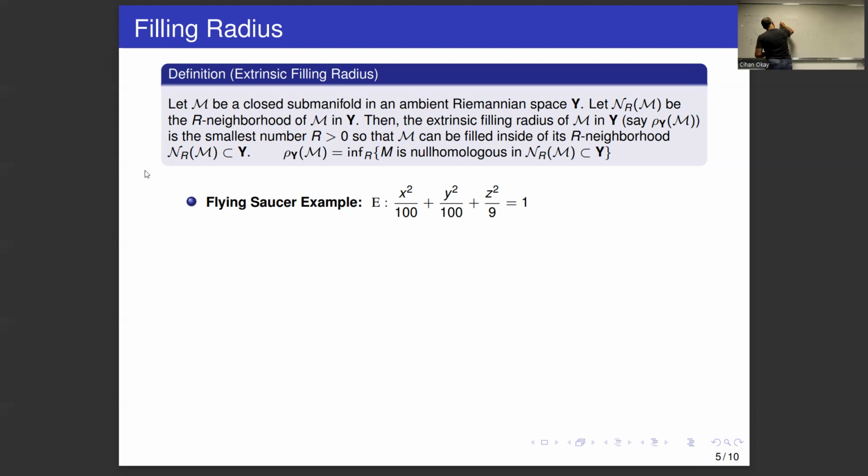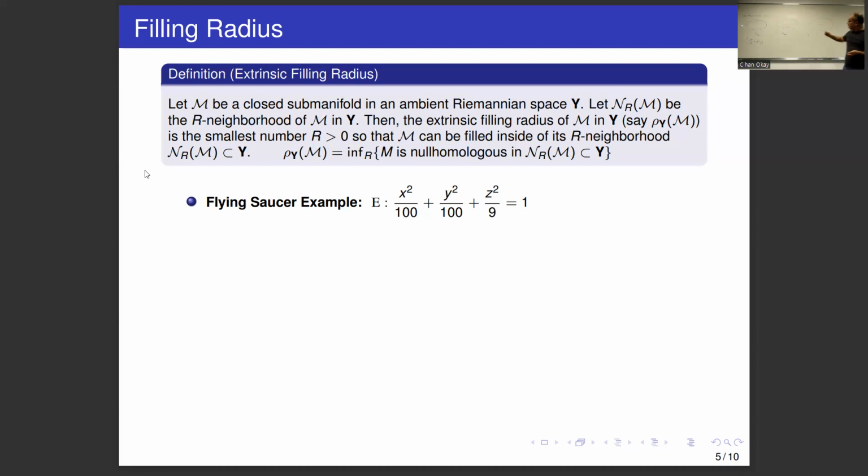You see here, it is still non-trivial. And you go further. And when you hit 1, you see here, it gets filled. Because this is plus or minus 1. And then the neighborhood becomes trivial.